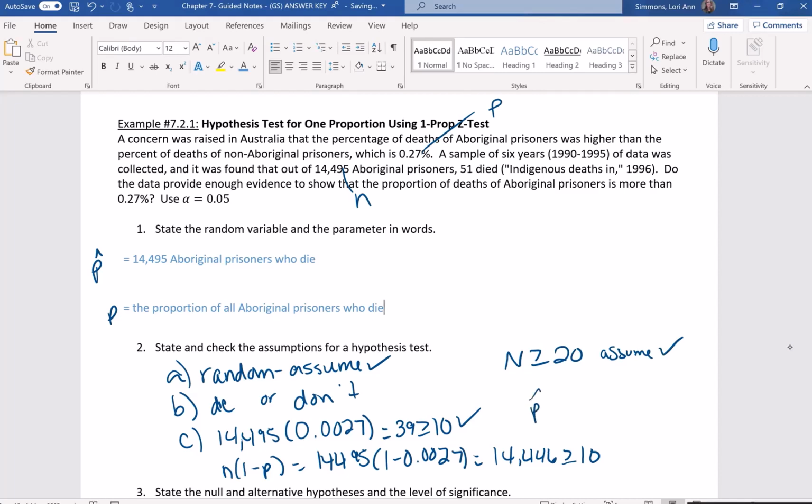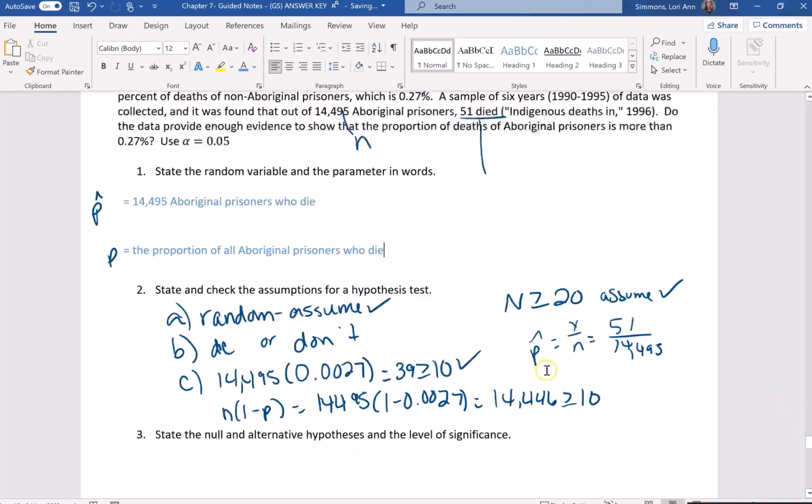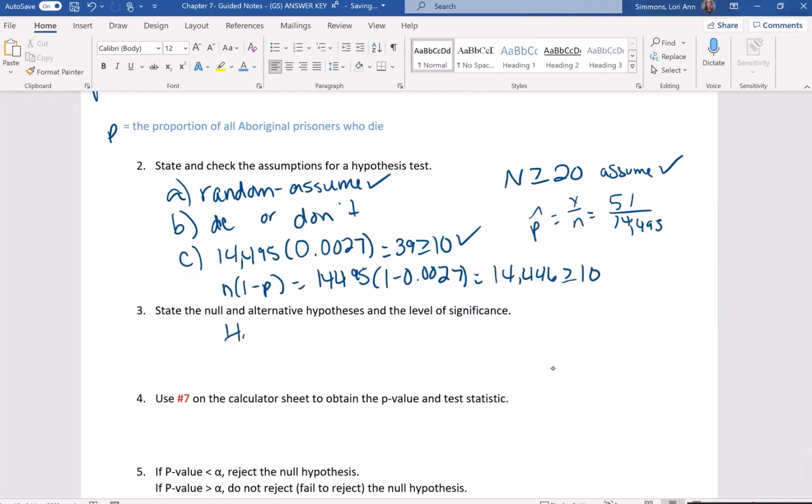So as a side note, your P hat is X over N. X is going to be how many out of the sample died? 51. And N is the sample size. 3, the null and alternative. P is our parameter, equaling 0.0027.